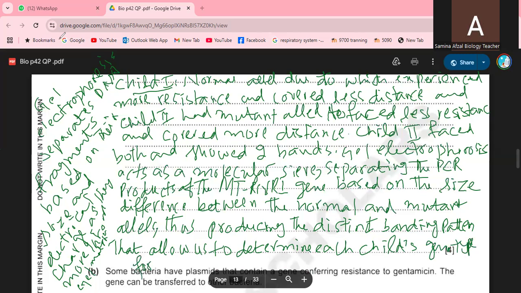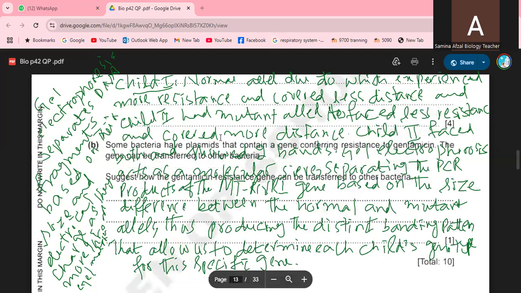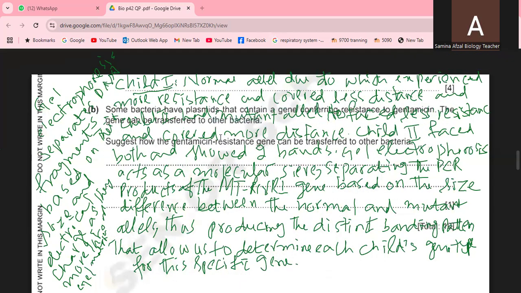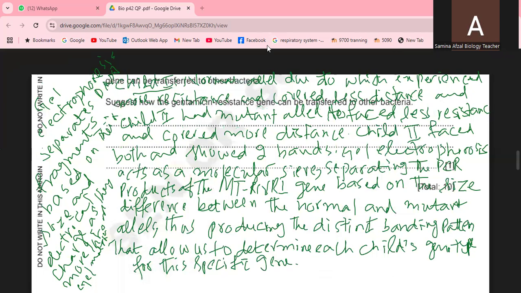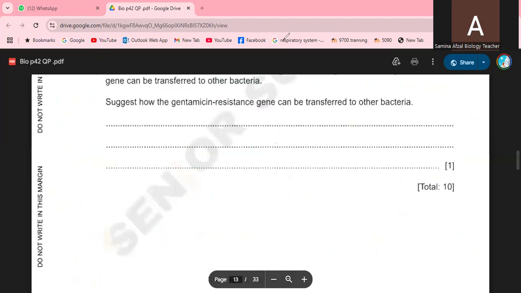So it is very helpful in filtration of the different bands of the DNA alleles.